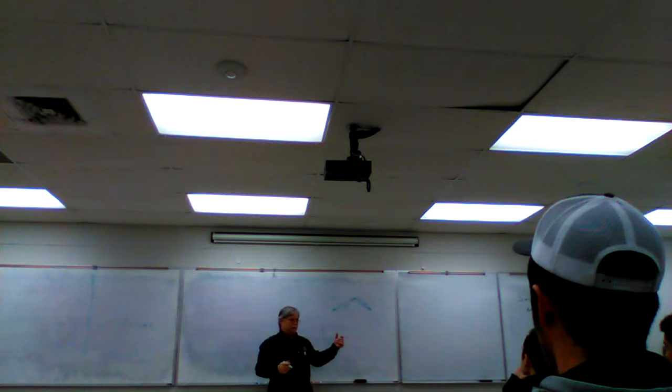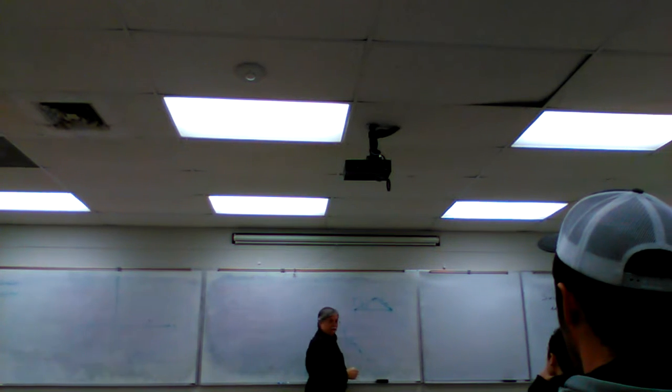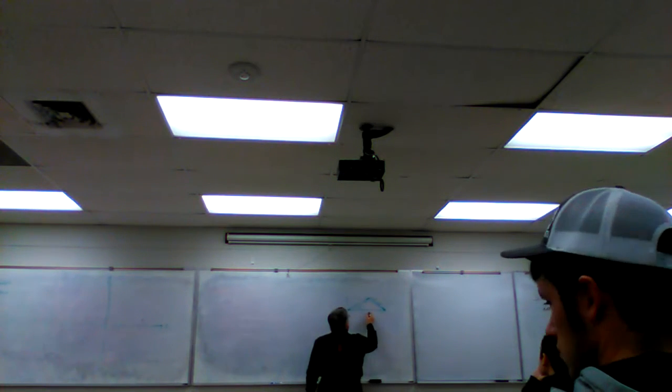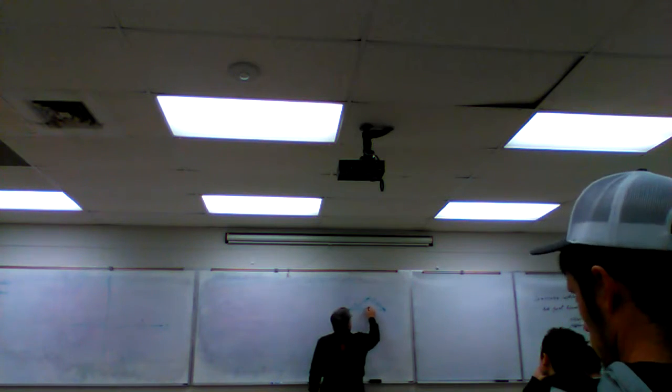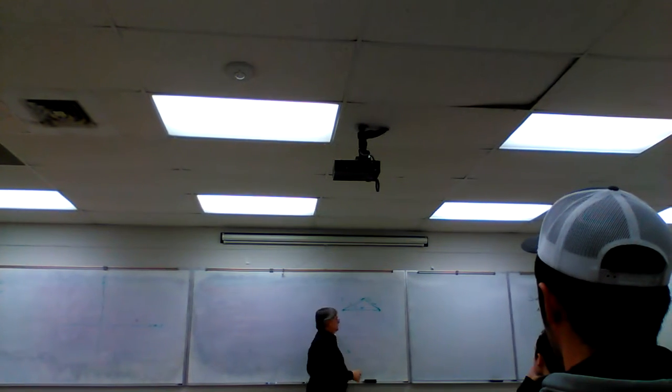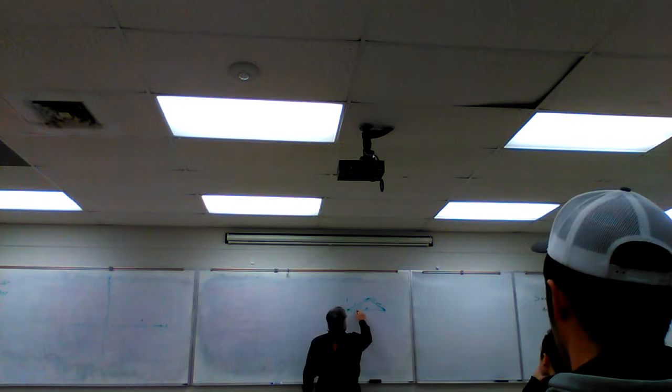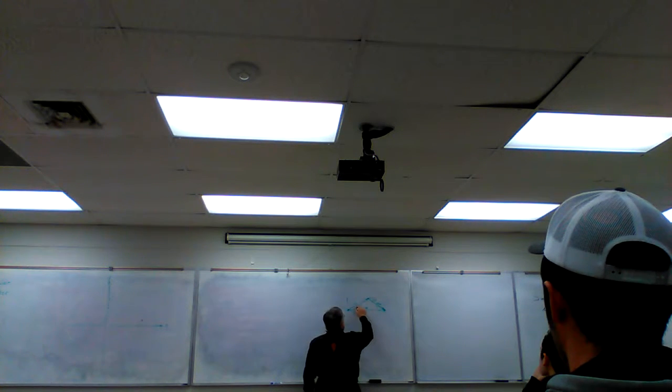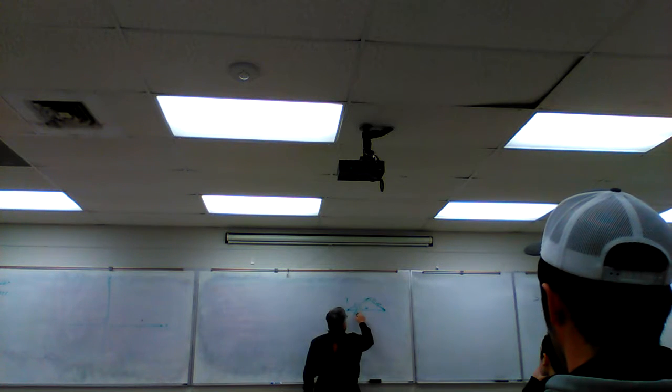And now the sum of these 2 vectors, the resultant vector that comes from them, is the vector that starts at their origin and ends at their endpoint. And it is now, well, unfortunate that it came out almost horizontal, but let's pretend that that's horizontal. Okay, that's theta, and this is gamma.